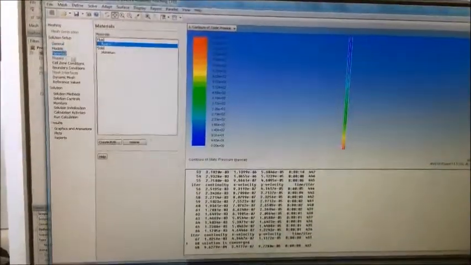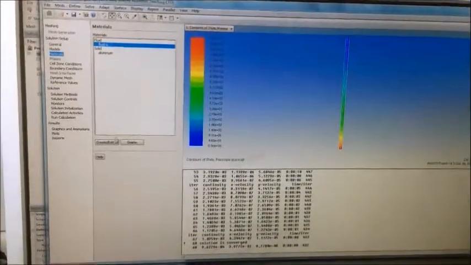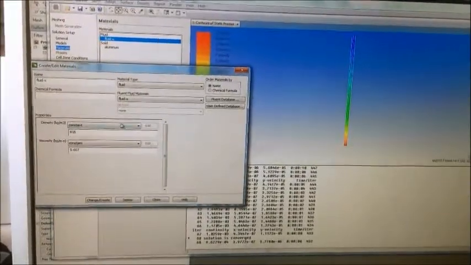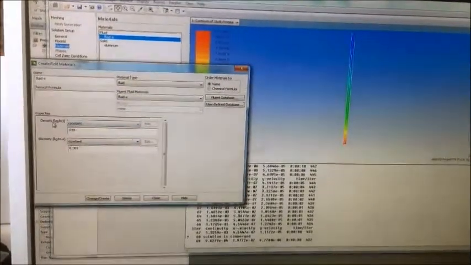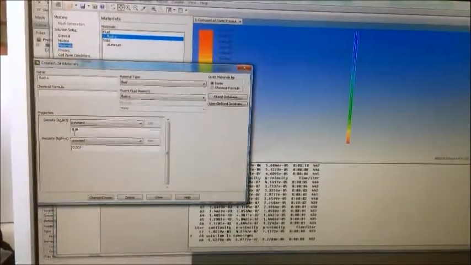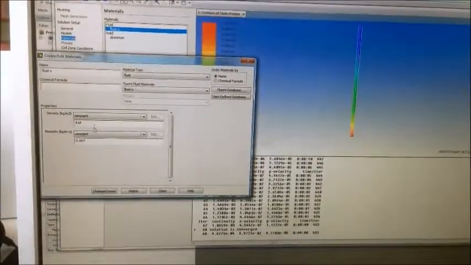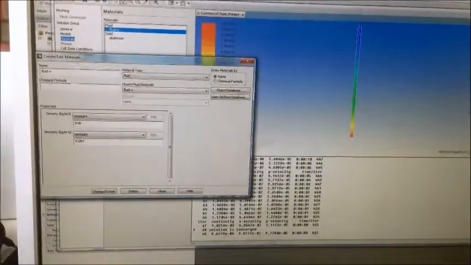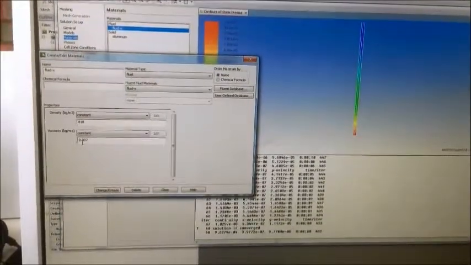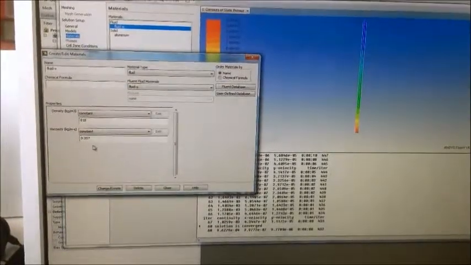From there, we went to materials and fluid, created the fluid, and we calculated the density, which was 818 kilograms per meter cubed, and the viscosity, which was 0.007 kilograms per meter second.